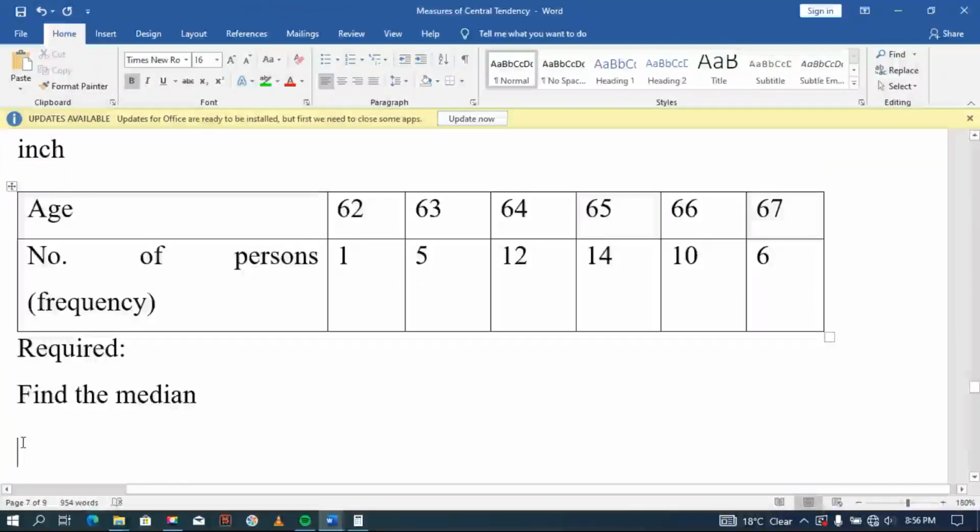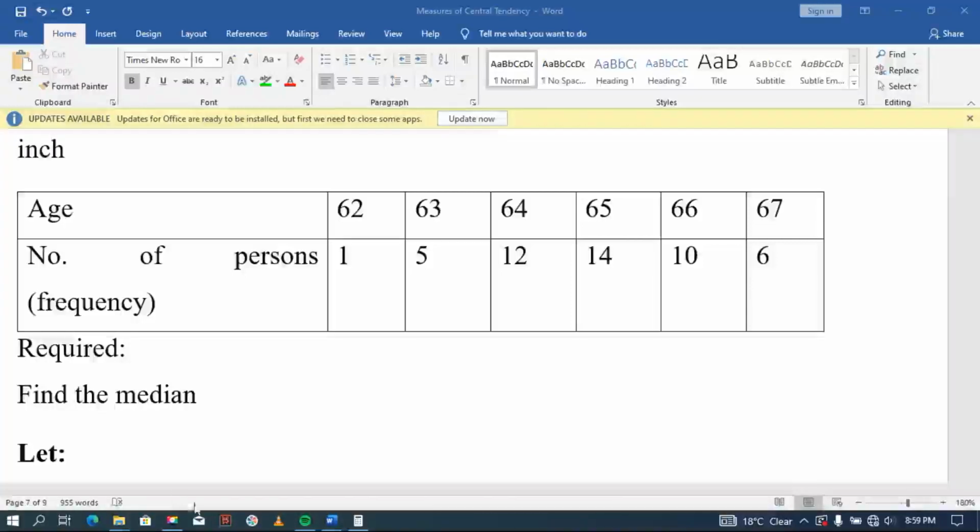So we let f represent the number of persons. That is basically the frequency.